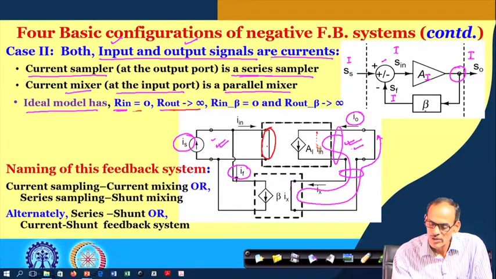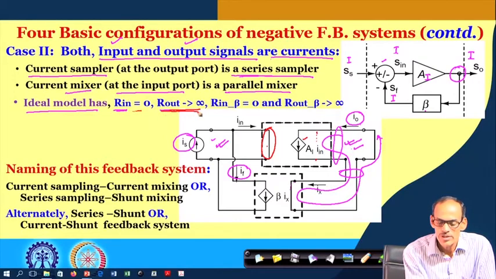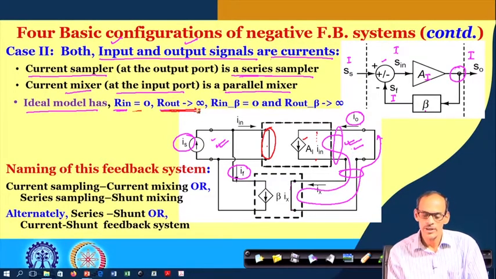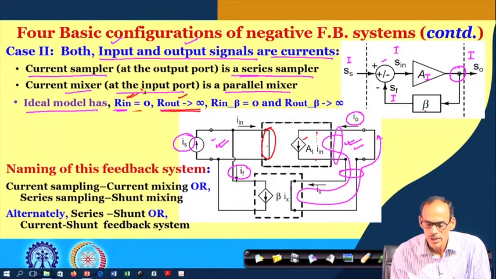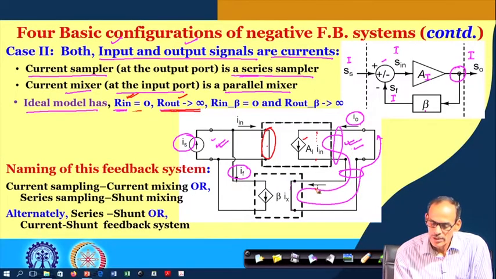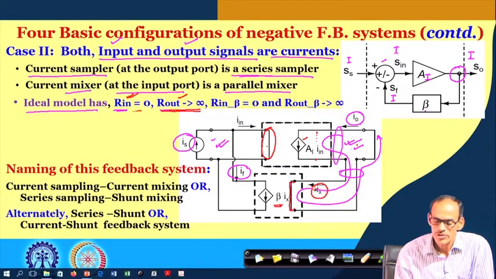If I have conductance, then definitely the internally generated current may get reduced. So, to avoid that situation or the loading effect, we consider the output resistance of the forward amplifier to be infinite and the input resistance to be 0. On the other hand, if you consider the feedback network, again to avoid loading effect, we want its input resistance to be 0, so that it can nicely sense the input signal.